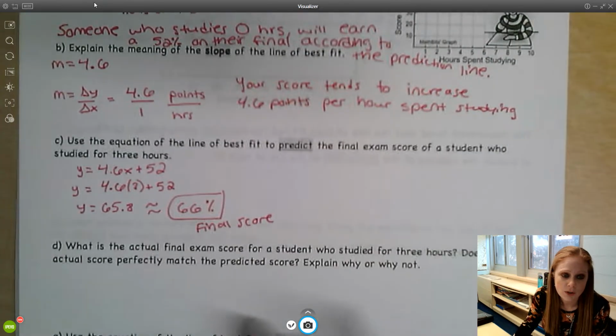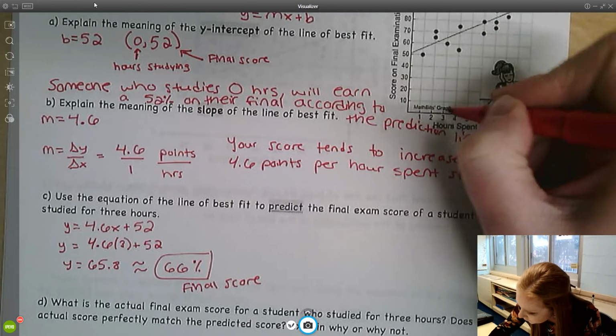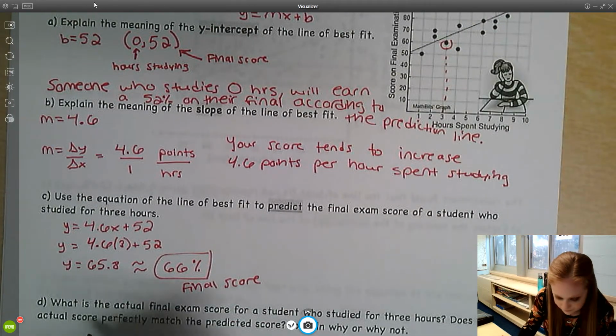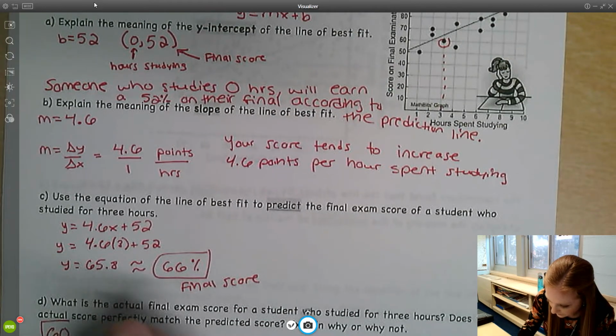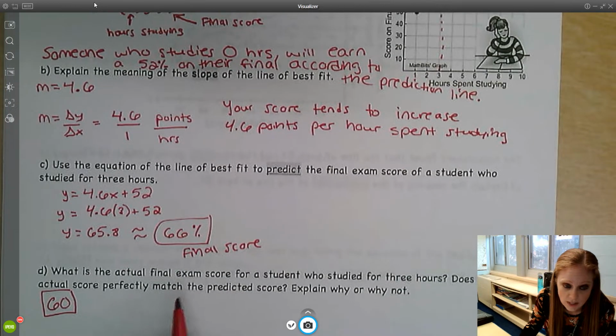But what happened when a student actually studied for 3 hours? If you look at our graph, a student that studied for 3 hours scored a 60. So does the actual score, the 60, match the predicted score?